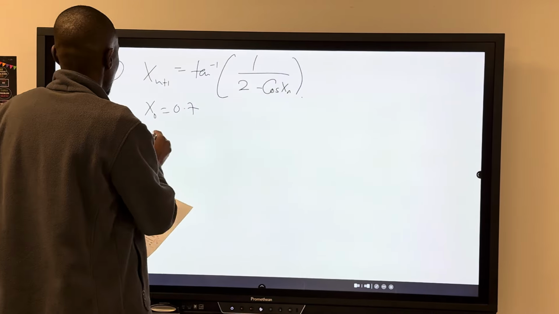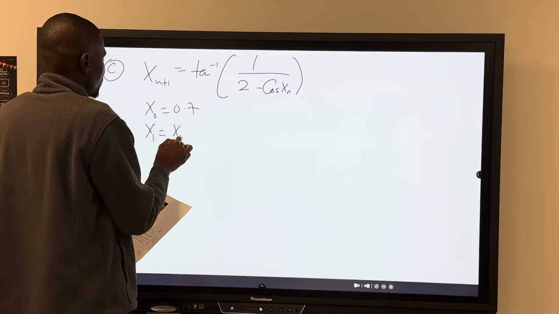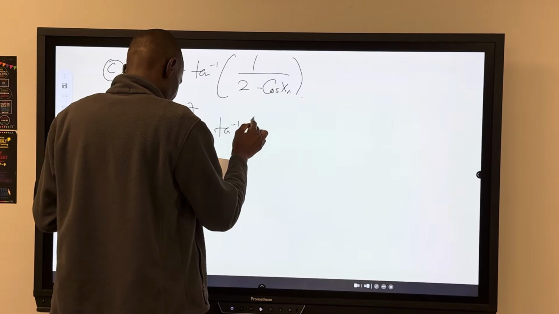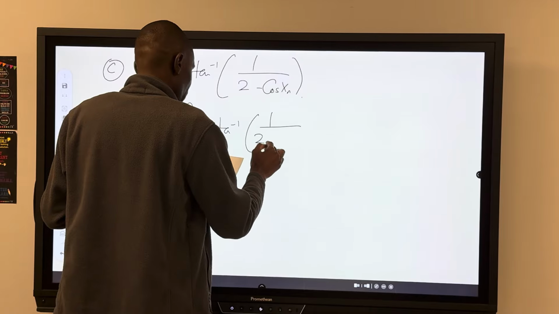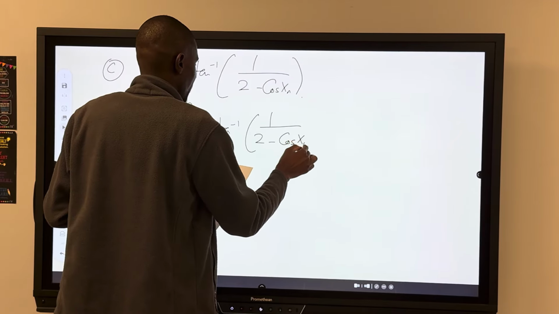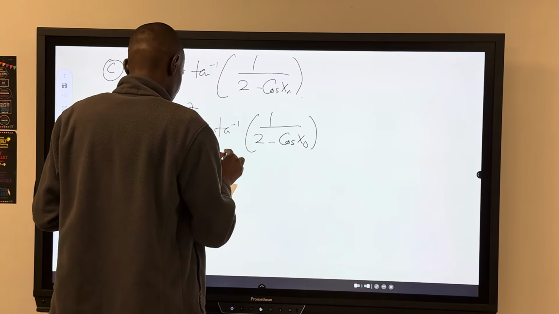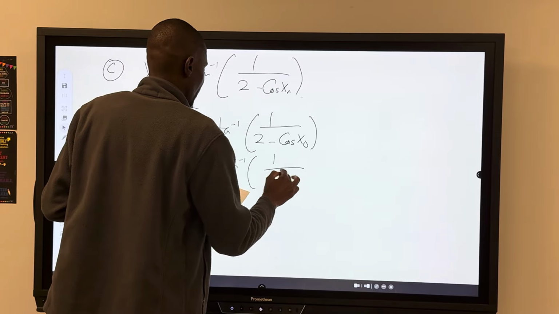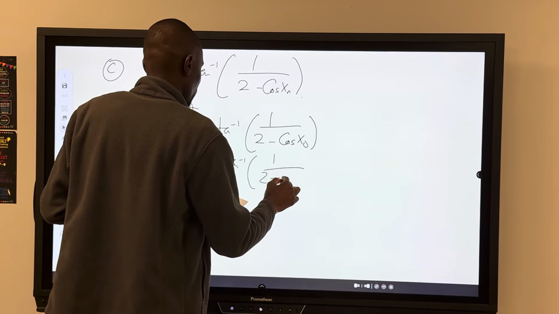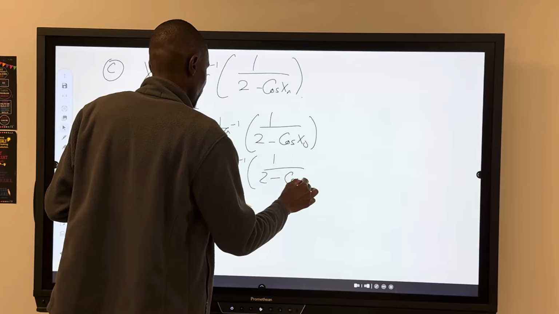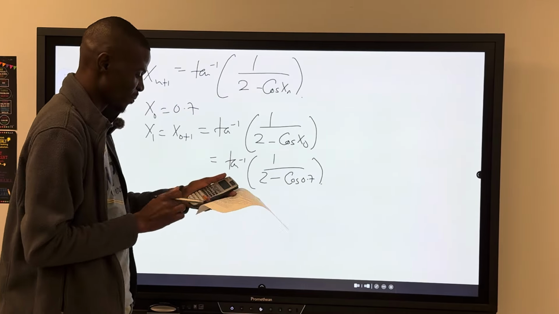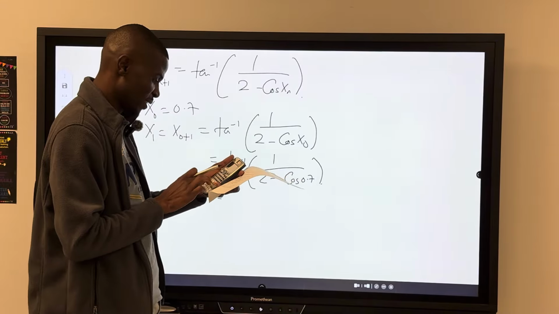So x1 equals arctan of 1 over 2 minus cosine of 0.7. Here we're going to do the same thing and plug in 0.7.